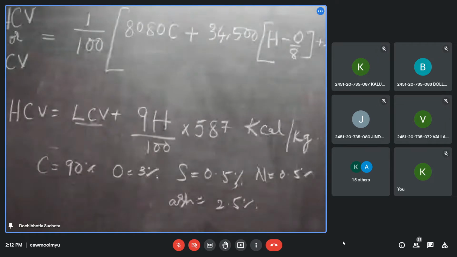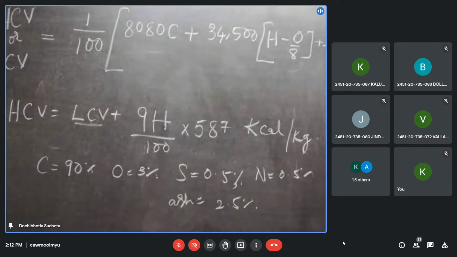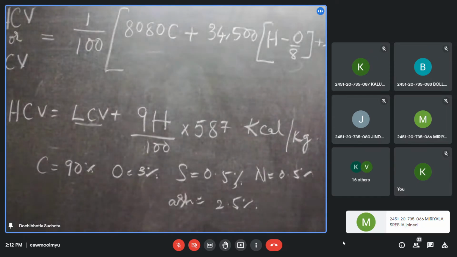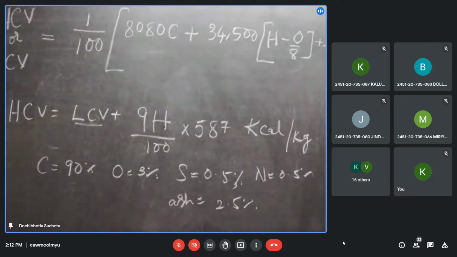It's a thumb rule that any material acting as a fuel will contain carbon and hydrogen as main components. Whenever I say it is giving a lot of heat energy, it means oxidation of carbon, hydrogen along with other elements is taking place.